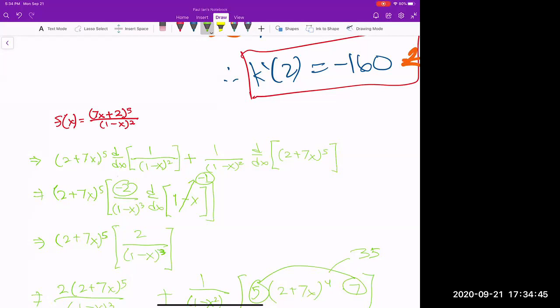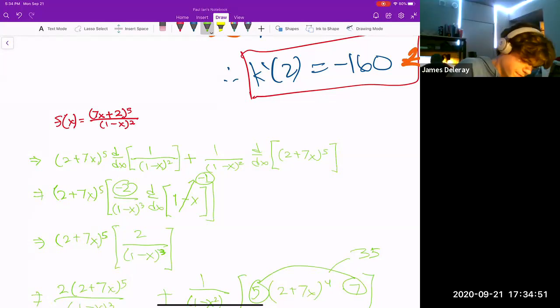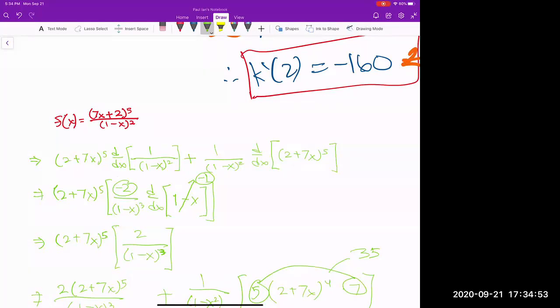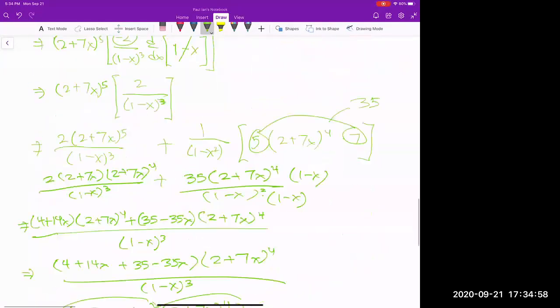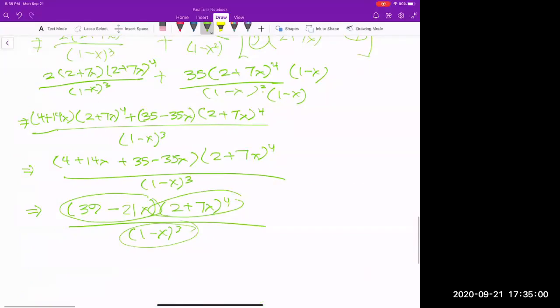Let me know if that one is pretty brutal. Yeah, let's just figure out the second derivative. Wolfram Alpha. Let me check what the actual answer is.